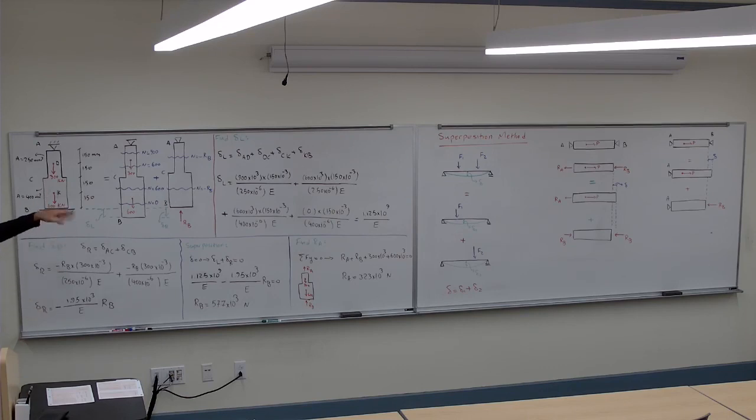So we could have done it with the previous method. We could have said, okay, find this delta plus this delta plus this delta plus this delta and make it 0.